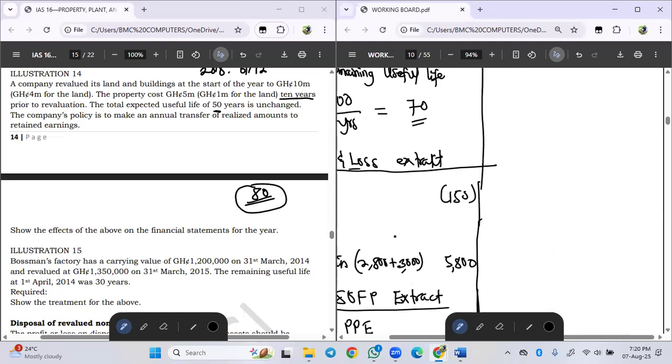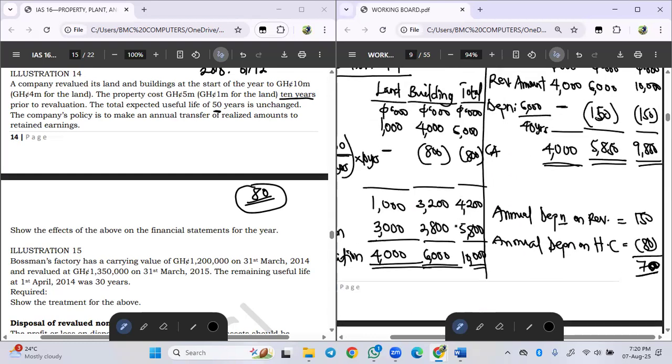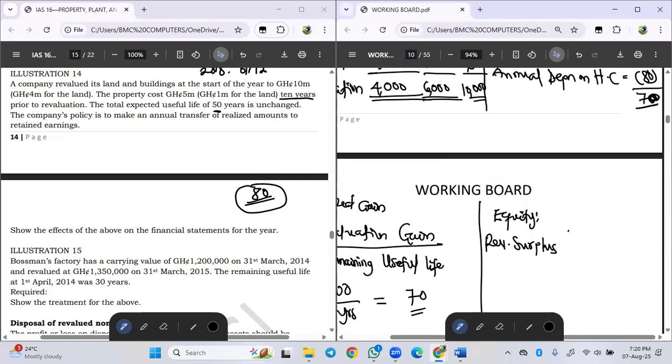Then you go to the equity side. In equity, you will have the revaluation surplus or gain, and that will be the 5,800, minus the realized gain of 70, the extra depreciation.